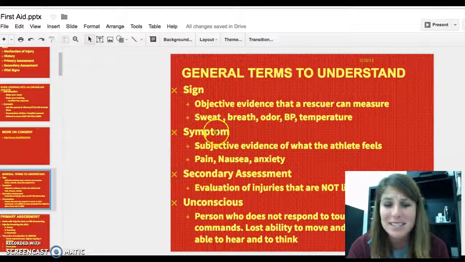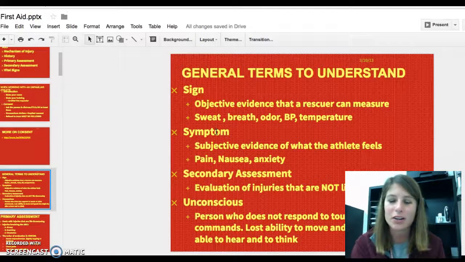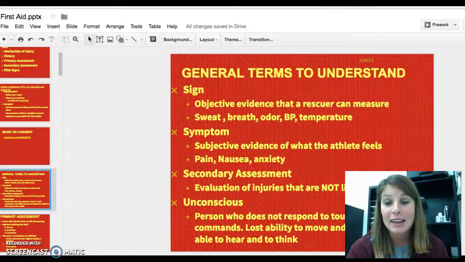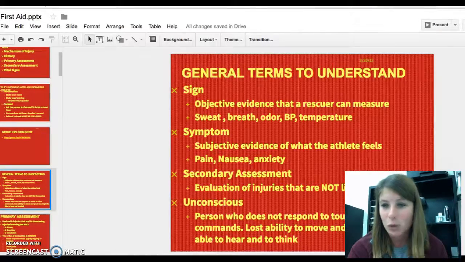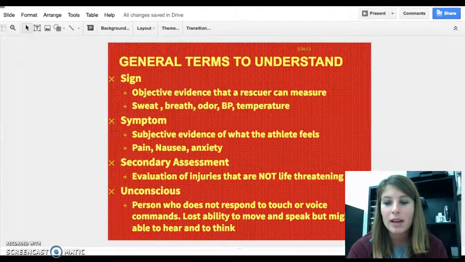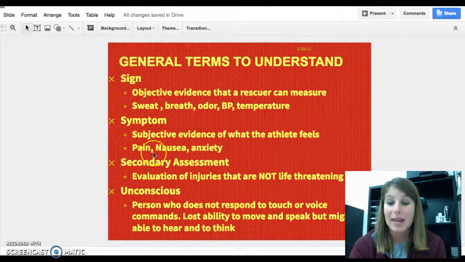The next one that we have is a symptom, and this is where things get a little bit harder because a symptom is something that cannot be seen. The victim has to tell you about it. So, for example, pain, you cannot see pain.